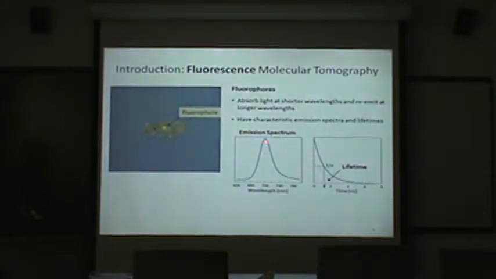So in wavelength, they usually have a peak emission, and then it decreases in this kind of bell-shaped pattern. And then in time, the signal follows this mono-exponential decay model. So the lifetime parameter that's used to characterize a fluorophore is simply how long does it take to go from the peak down to the 1/e point.